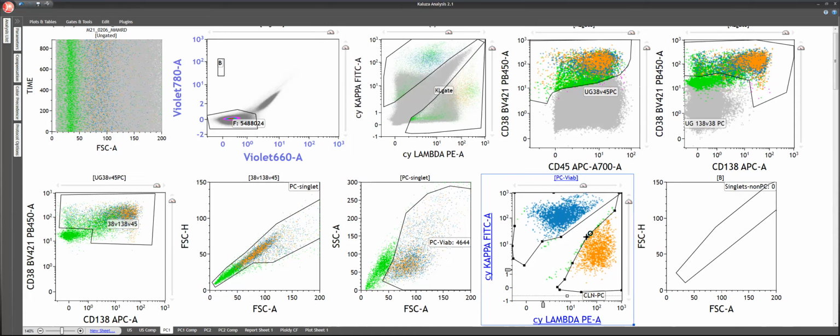We readjust again to exclude these borderline cells, because these borderline cells may not be true plasma cells.